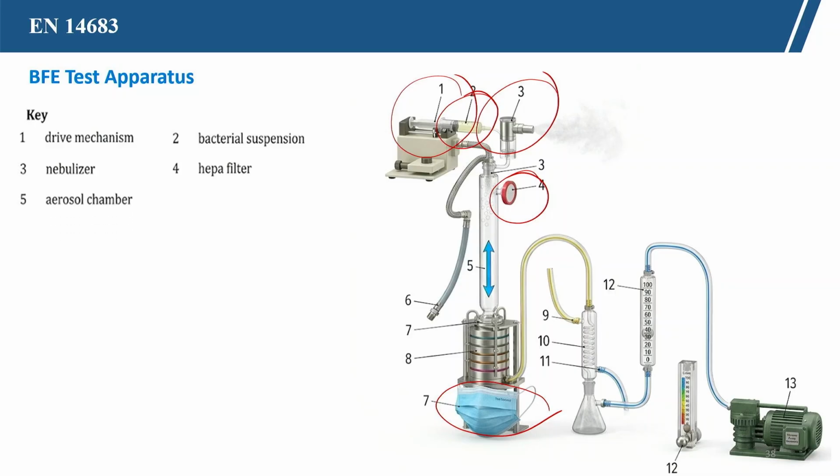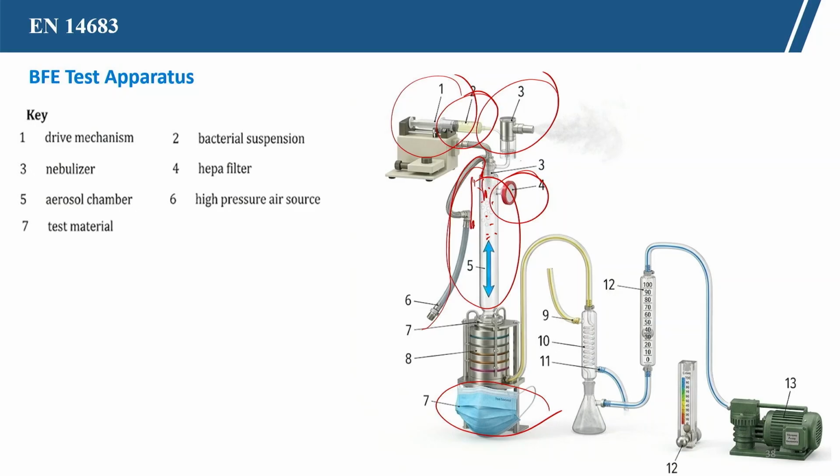Number 5 is the aerosol chamber, where the bacteria come in along with the air. A high pressure air source is placed so that the air mixed with the bacteria can come at high pressure.